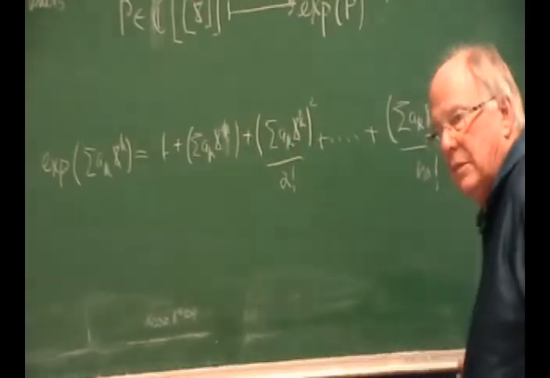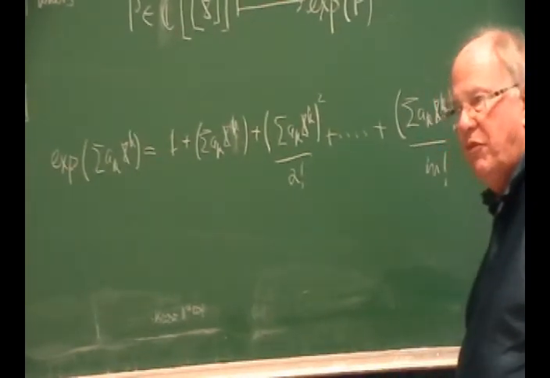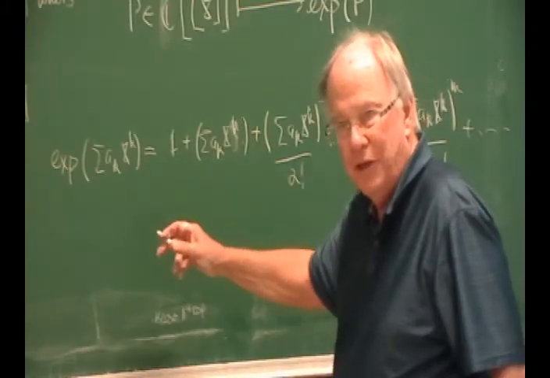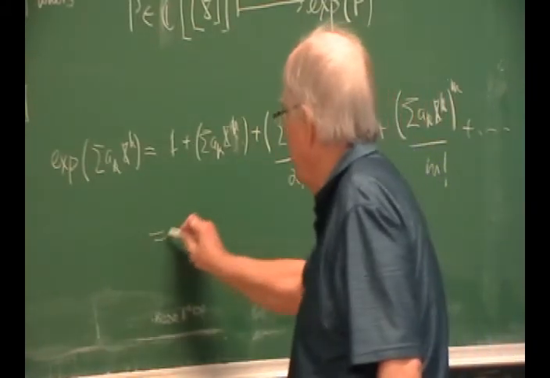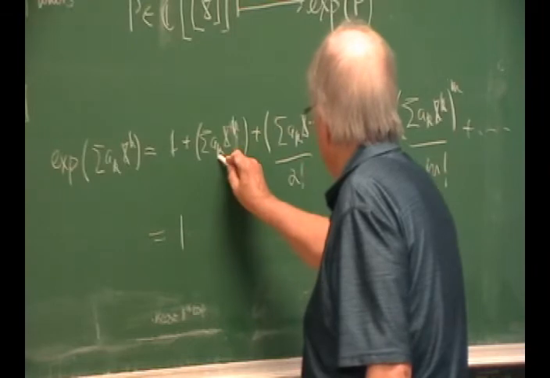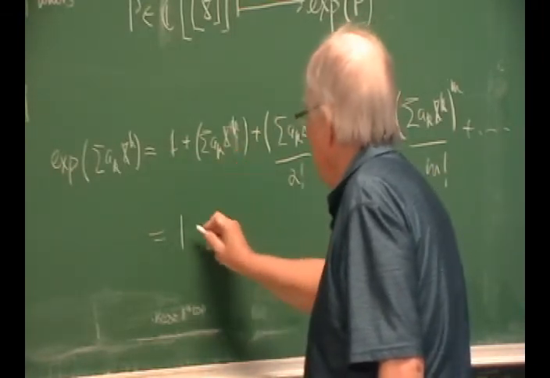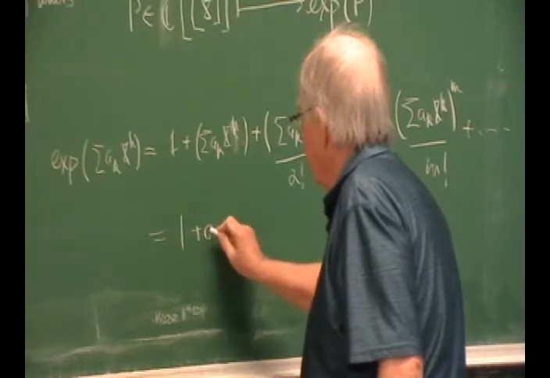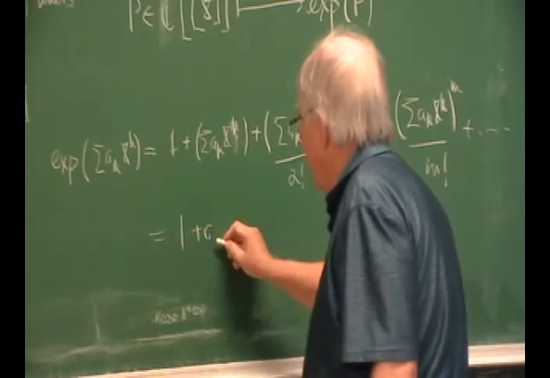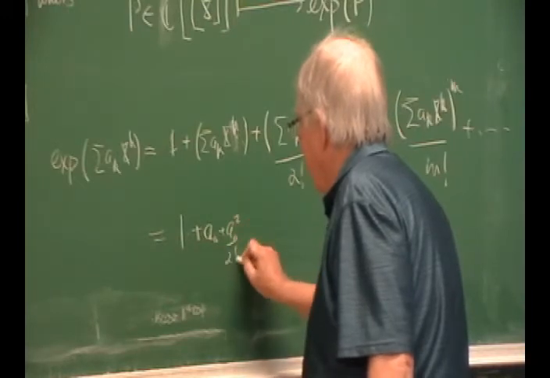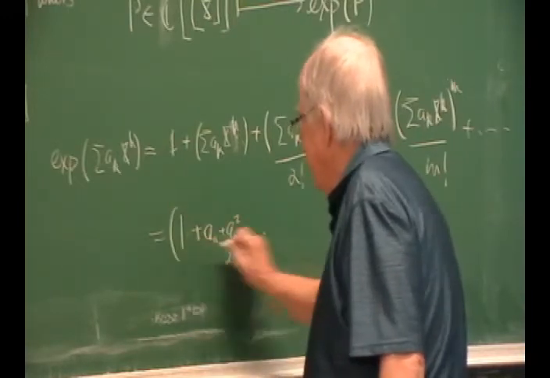Right. Now there's absolutely no problem for an analyst to do this, because you just figure out what each coefficient is, right? So the first order term here is, well, I'll just write it down: a_0 plus a_0 squared over 2 factorial plus and so on.